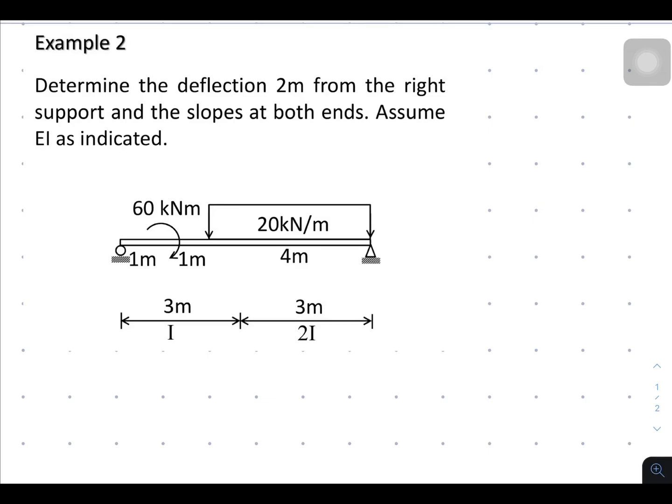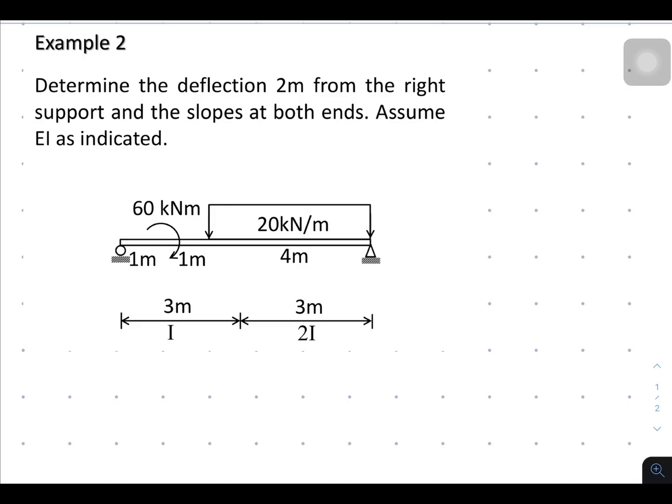Example number 2: determine the deflection 2 meters from the right support and the slopes at both ends. Again, we are going to separate the deflection from the other solutions, and the slope solution for the left should not be in the same solution as the right slope.